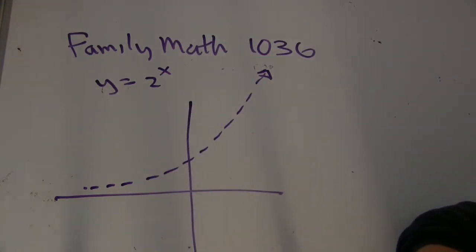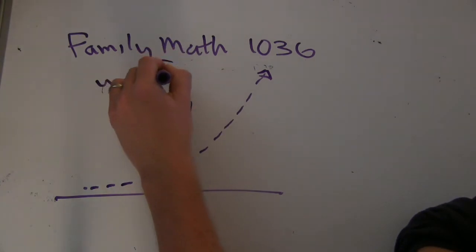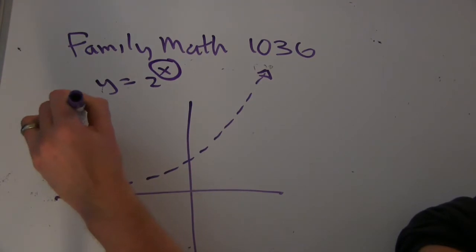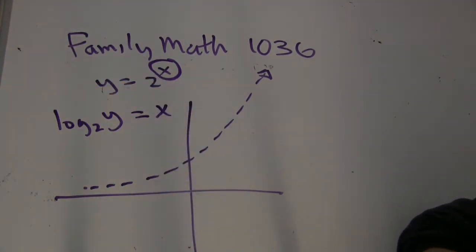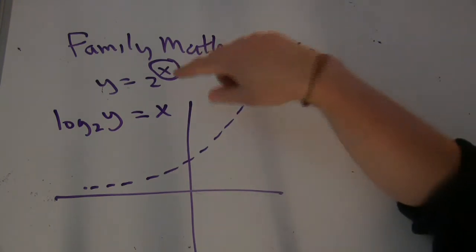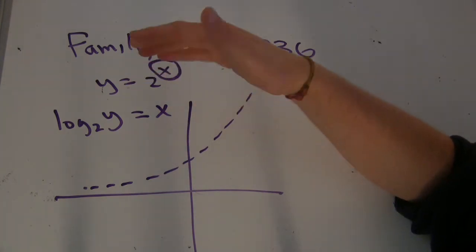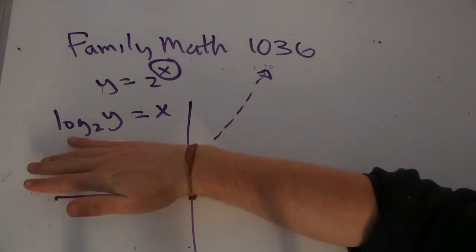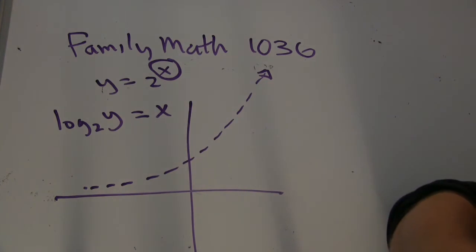But then what we can also do is we can look at the exponent, and we would say log base 2 of y equals x. So if I want to just look at the exponent, instead of saying I'll let y be 2 to the x, we say the logarithm base 2 of y is just that exponent.